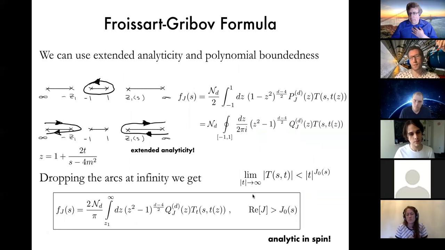But you can do this contour deformation, and now you're integrating against this Qj. Because of the Cauchy theorem, when J is integer, it is the same as doing the integral with Pj. But now this Qj has very simple analytic properties in J, and you can consider this Qj for J being complex. Then Fj is just defined as the integral of the discontinuity of the amplitude against this function.